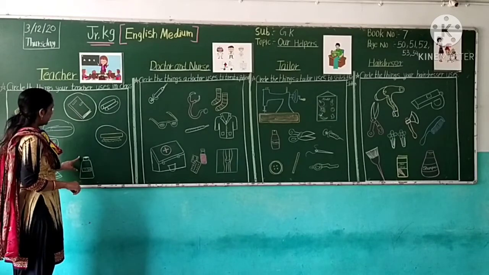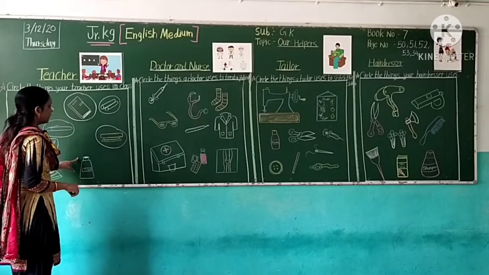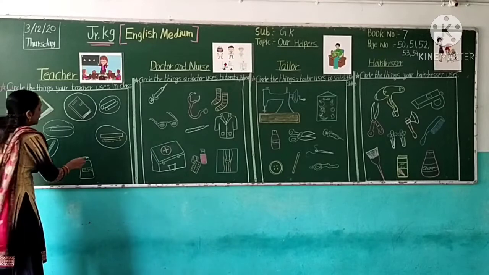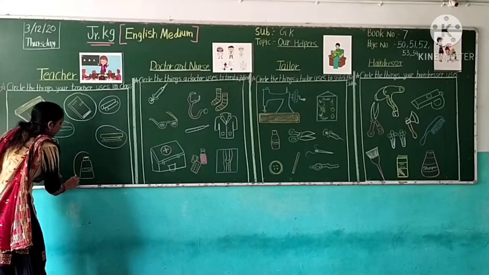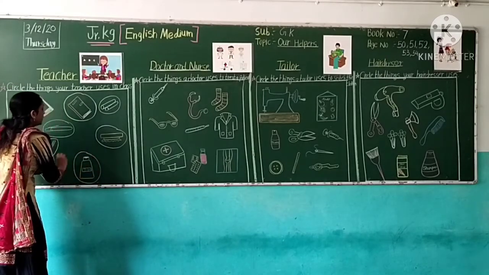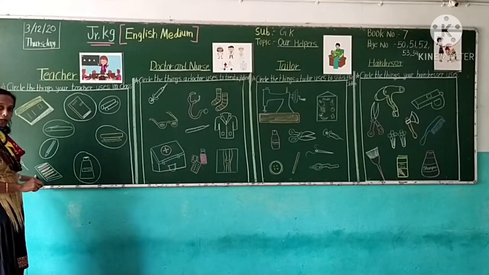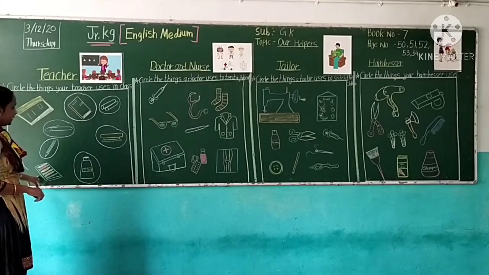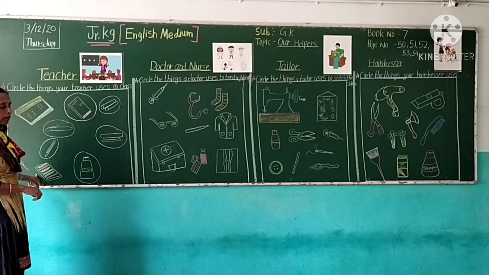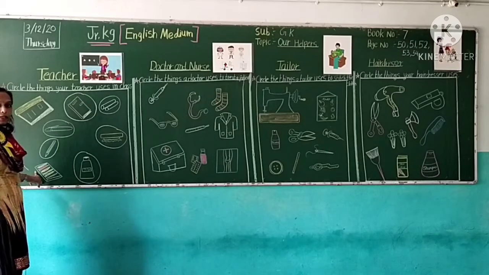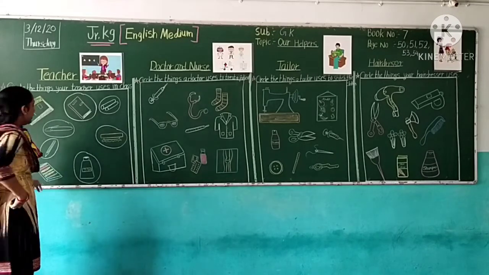So, circle these things. Why? These things are used by the teacher in class. Now next, which picture is this? Crayon. So, circle the crayon. But why? These things are used in your class.